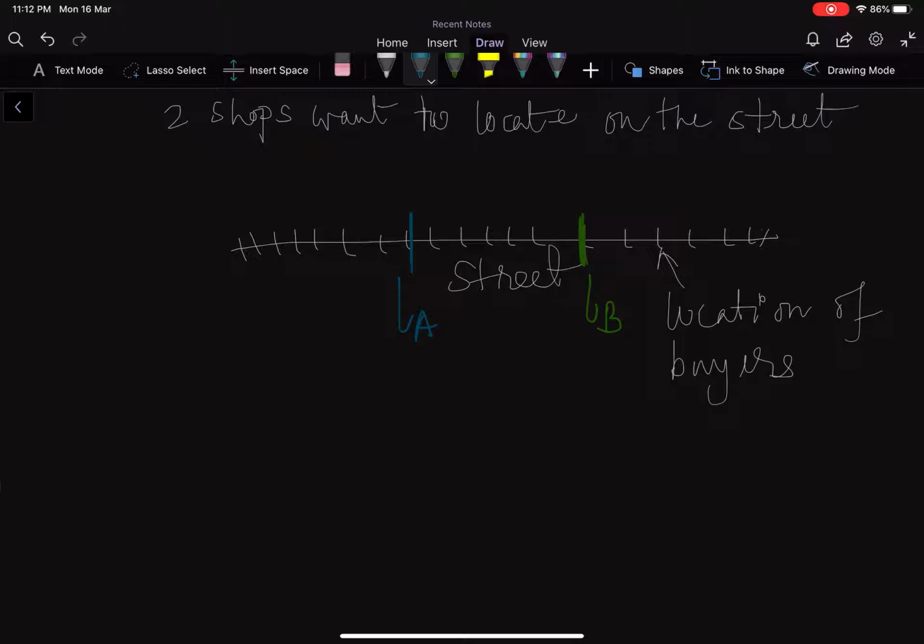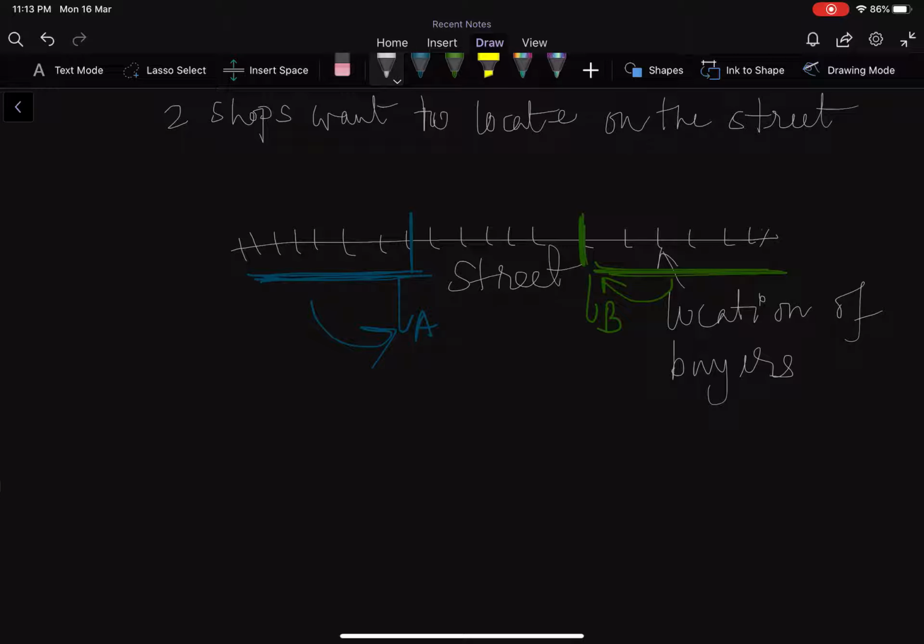Everybody goes to their local grocery shop, right? So all buyers who are located to the left of shop A will go to shop A, all buyers located to the right of LB will go to shop B because they are nearer, and the buyers in the middle between LA and LB will again look at which shop is nearer.